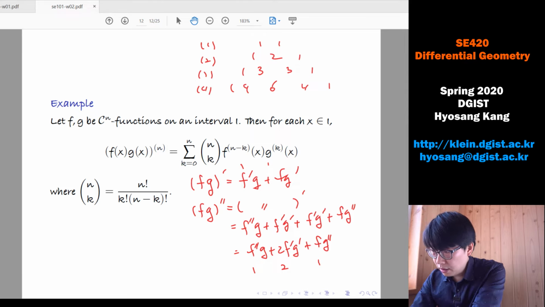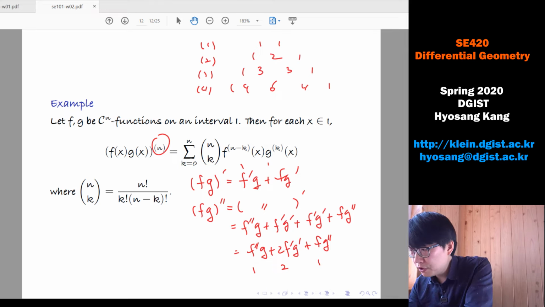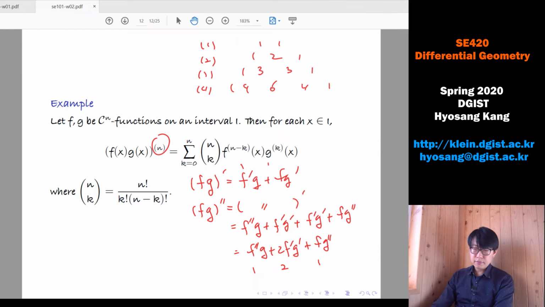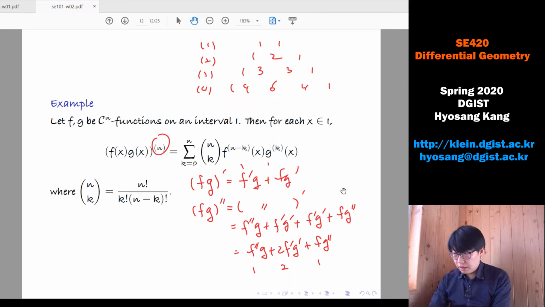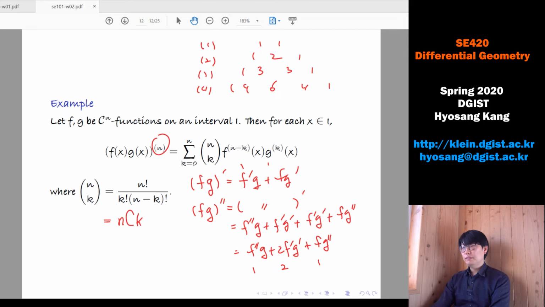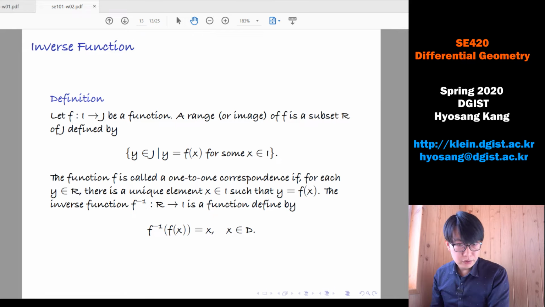So when you increase the order of the derivative, you have a sum of products of the derivatives of each function, with coefficients exactly the same as those from Pascal's triangle. In the usual notation, this is n choose k. Okay. Any questions?